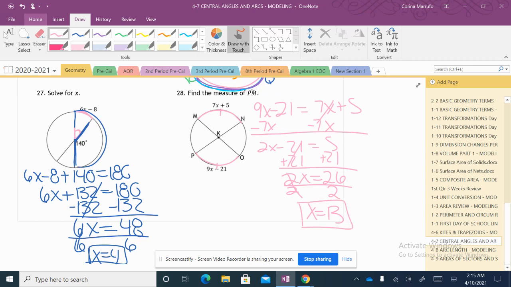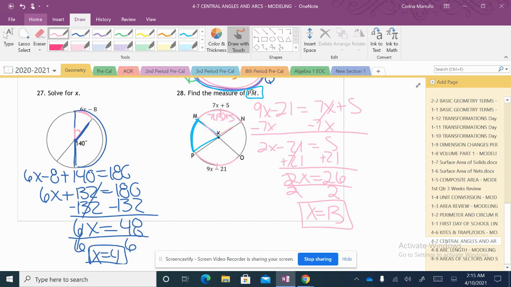Okay, but they're not asking us for x. Sorry. Nice. I boxed it. So then they want us to find the measure of PM. So we need to find this arc. Well, now that we know what x is equal to, I'm going to go ahead and plug it in here. So 7 times 13 plus 5. And that gives us 96.